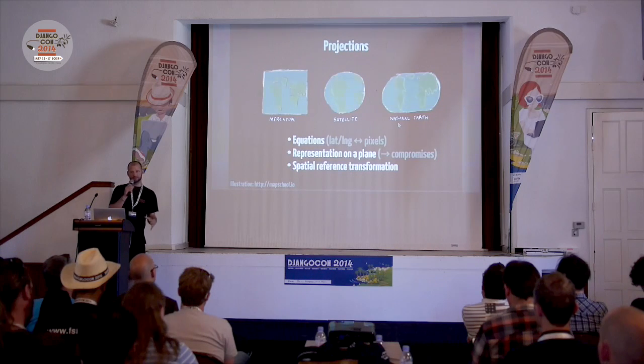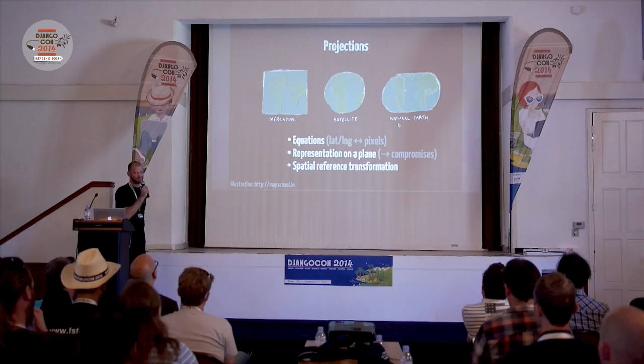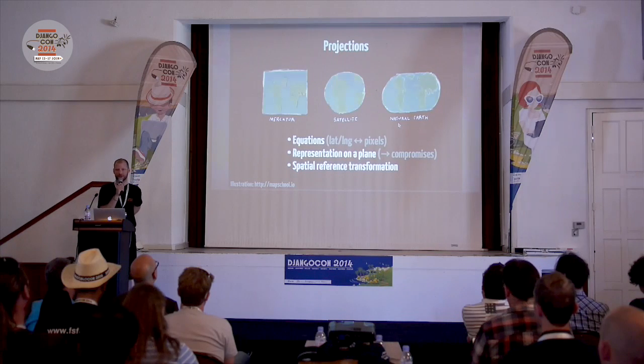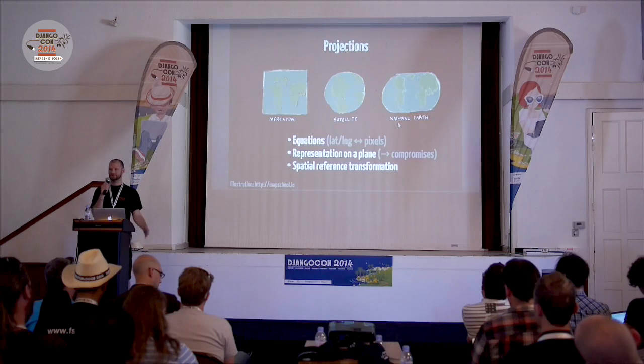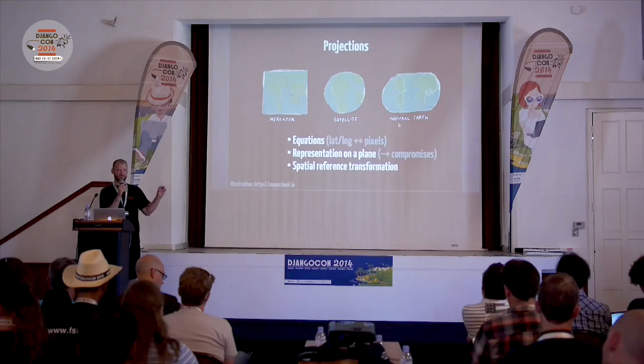Projection, that's the little notion that can become a very big problem, and that basically can confuse anybody. To be simple, it's just a set of equations to transform a position on the sphere, on the ellipsoid, to a position on a plane.